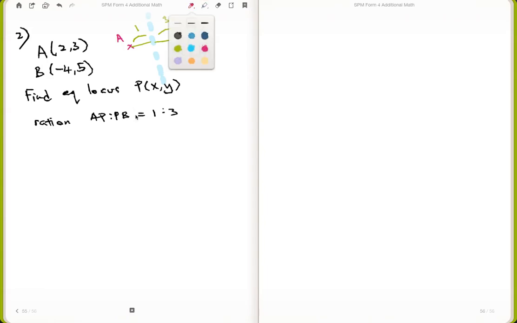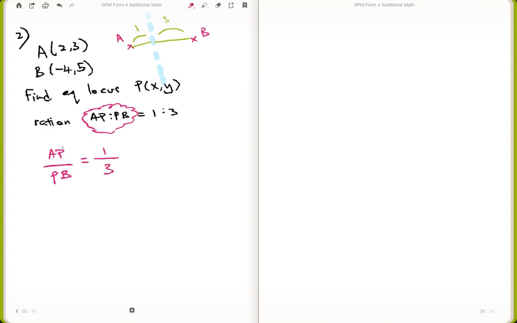To solve this, AP to PB, you make use of what is given here. This is kind of like a hint. So therefore, AP over PB, the distance ratio is 1:3. So the distance of AP to PB is 1:3.